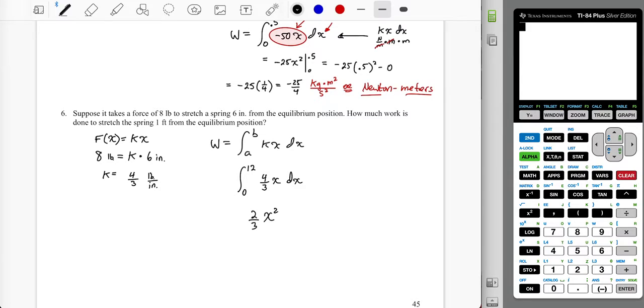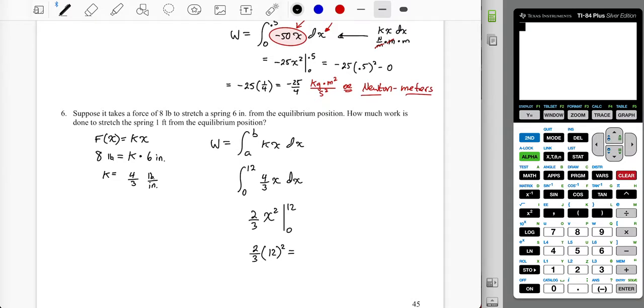So we're talking 2/3 x squared over the interval of 0 to 12. You pop in the 12, it's going to give us something meaningful. Pop in the 0, you get 0, so we can disregard that. So 144 divided by 3. Well, it would have to be 48, right?